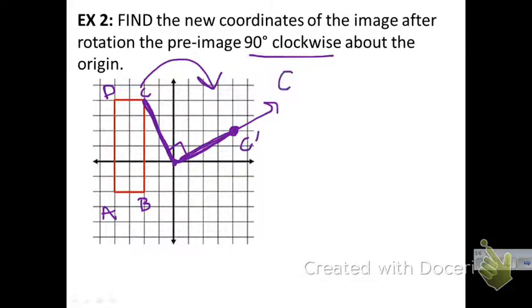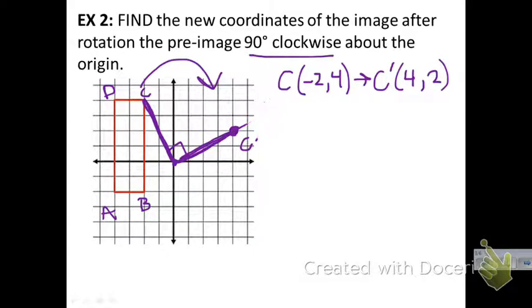So C I have as negative 2, 4, and it becomes C prime, which is located at 4, 2. So we're going to come up with our rule here. Our rule says that if we start out with x, y, it looks like we switch, and the y is first, and we change the sign on the x.